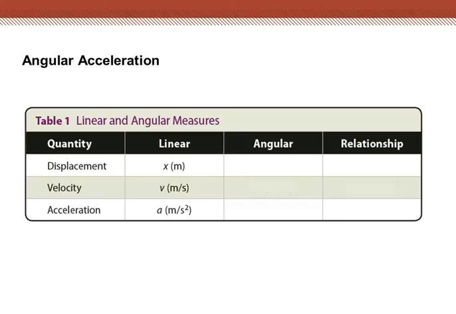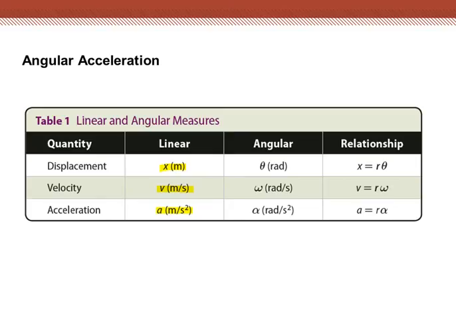So to summarize these three quantities in both linear and angular, displacement, we measure that in meters, and we use x to denote displacement. Velocity, we use v, and it's measured in meters per second. And acceleration, we use a, and it's measured in meters per second squared. Those are all the linear kinematic quantities, which we've done before.